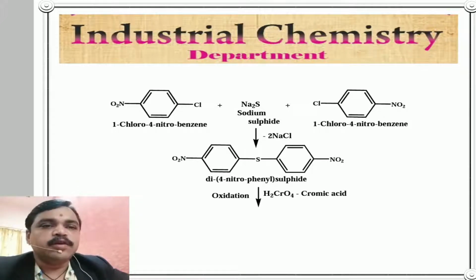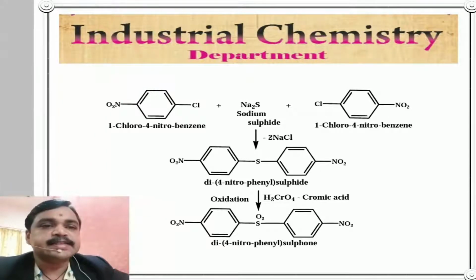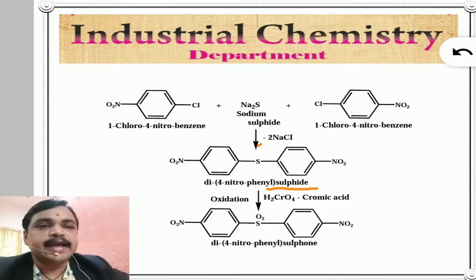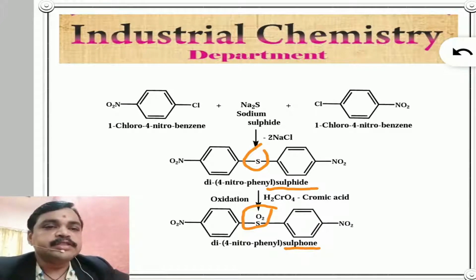So, in presence of chromic acid, the oxidation process takes place and we get di-4-nitrophenyl sulfone. Note that in the second step there is sulfide, only S, but when we proceed with oxidation, it is converted into SO2 and it is sulfone. So in this step we get di-4-nitrophenyl sulfone.